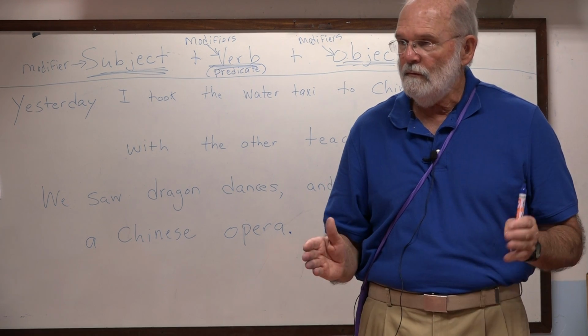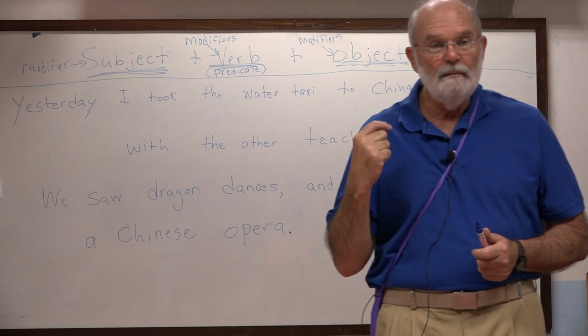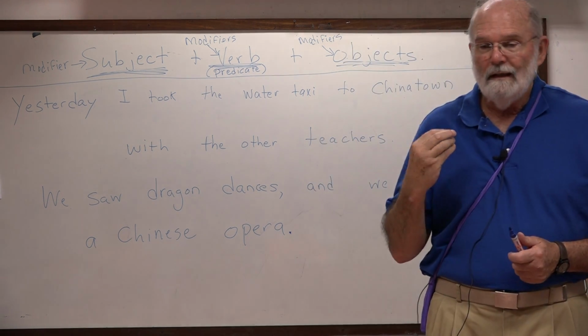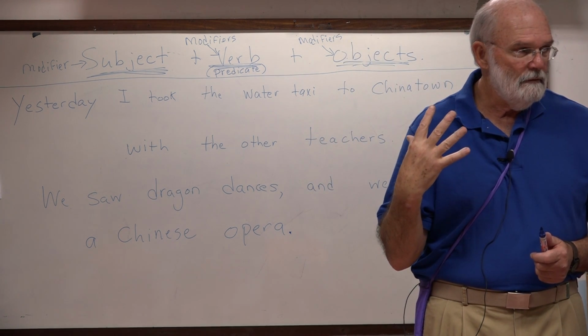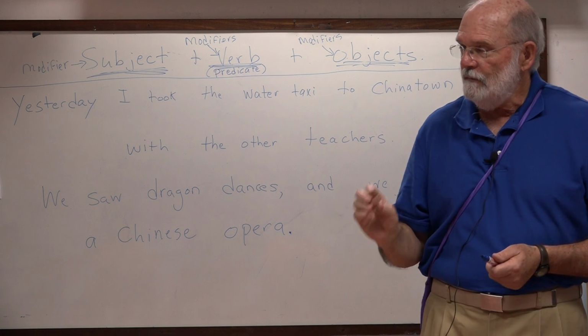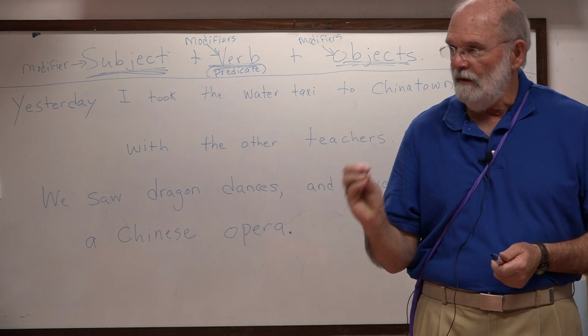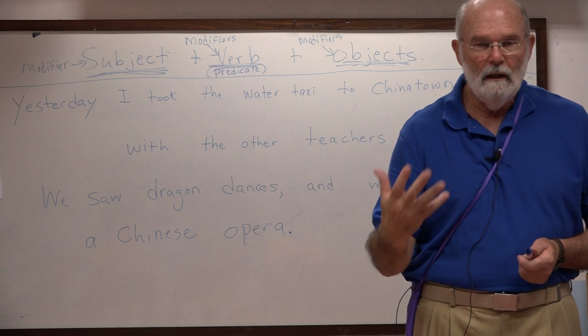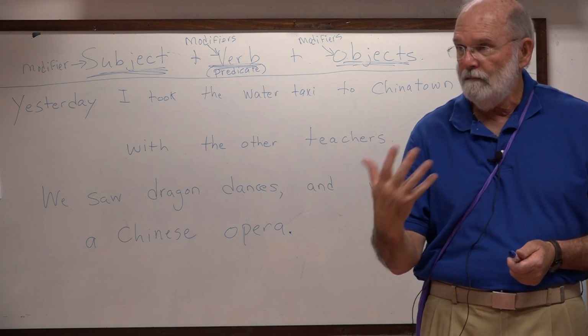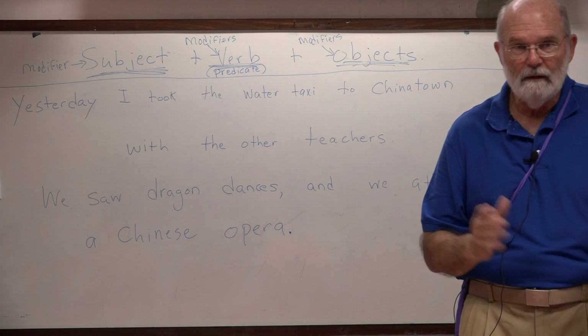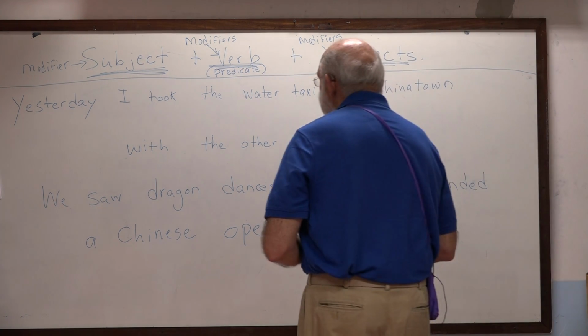We don't get the order correct. And an English speaker like myself can hear those differences. So it's going to be important for us that we get the order of words correct in order to be a fluent English speaker. So we're going to practice that a little bit.